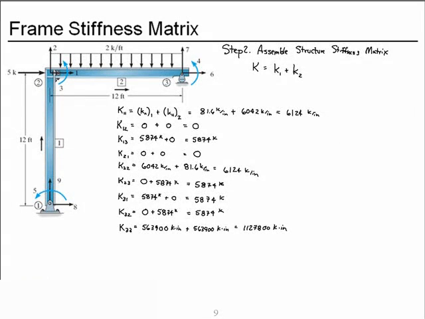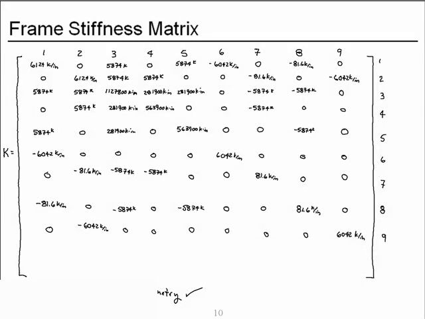We then added the two member stiffnesses to obtain the structure stiffness matrix, but we add them by degree of freedom number, and so for this particular structure only degrees of freedom 1, 2, and 3 are common to more than one structural member, and so for the 9 coefficients that refer to degrees of freedom 1, 2, and 3, we added them by hand and inserted them into the structure stiffness matrix.